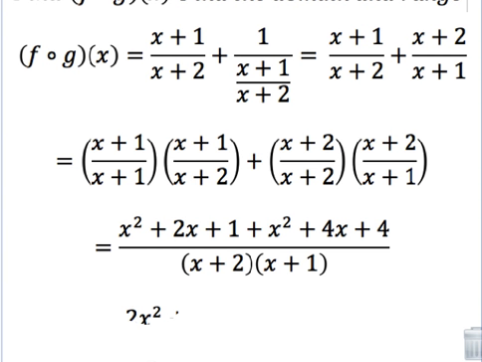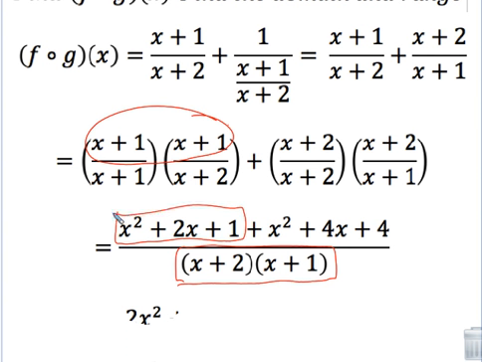Notice that I'm leaving my denominator separated like this. I'm not foiling it. Up here, I went ahead and foiled the x plus 1 times x plus 1, and that's where I got x squared plus 2x plus 1. And then over here, I'm multiplying my x plus 2 times x plus 2, and I get this part of my fraction.